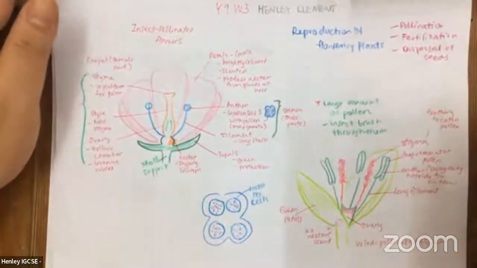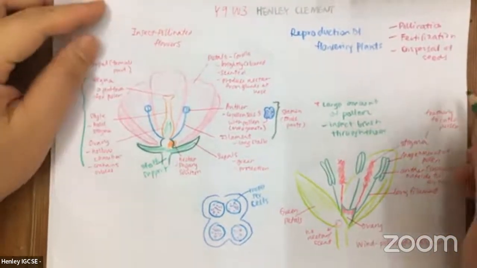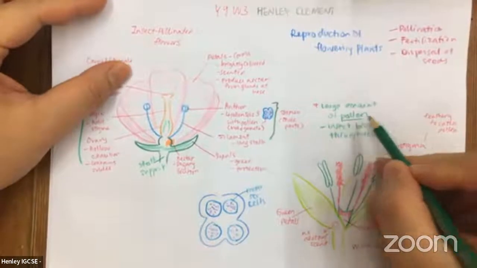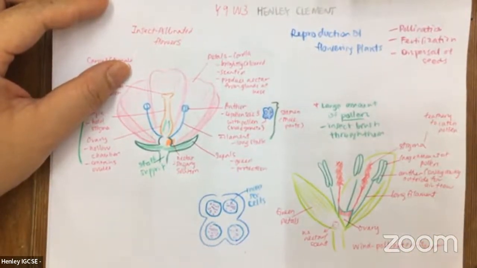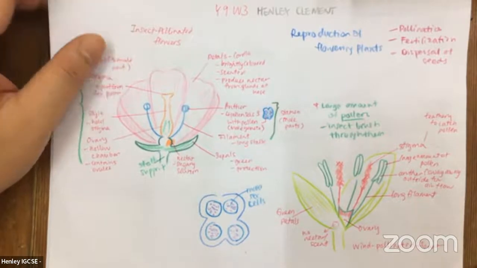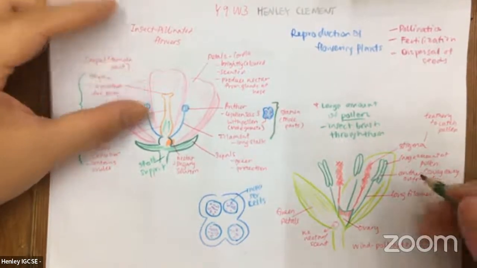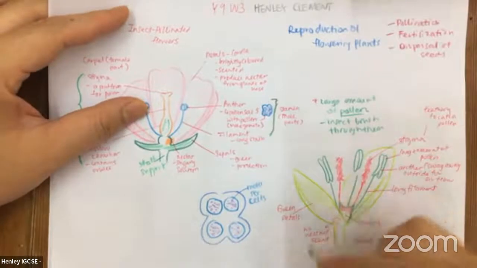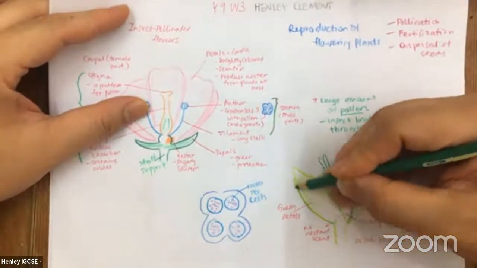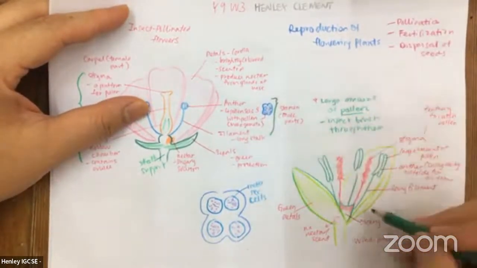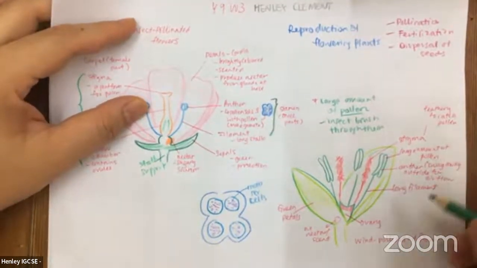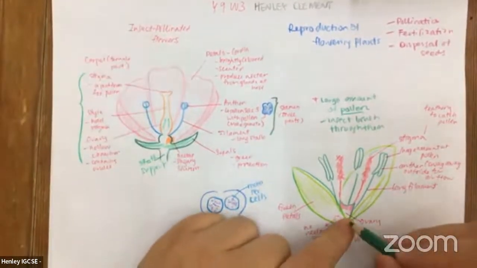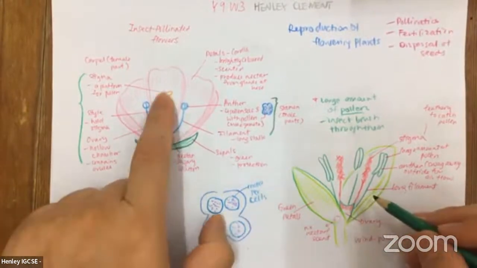Things to know: pollen is always in large amount, so that the insect can easily brush and spread it. And this flower, this is a green flower. This flower is green, can you see? We also have the ovary, and above that ovary is the stigma.